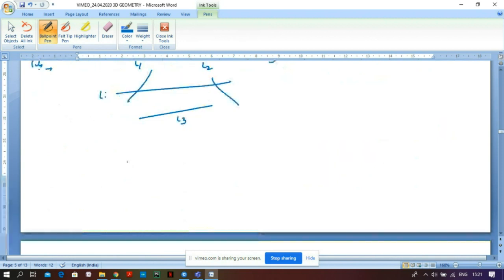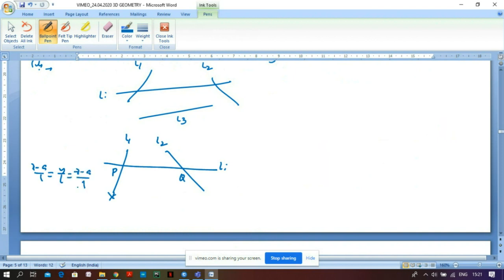So we'll do it like this: let the line L that we require meet L1 at P and L2 at Q. Line L1 was (x minus a) over 1 equals y over 1 equals (z minus a) over 1.